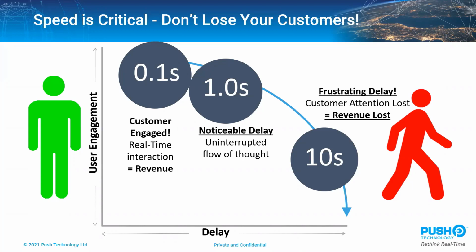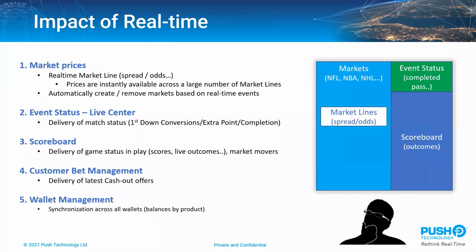It's also been shown that the cost of acquiring customers is greater than the cost of maintaining those customers. So there's true value in providing real-time, fresh data to those customers. Now, the impact of real time across the sportsbook goes across quite a bit more than just customer engagement.